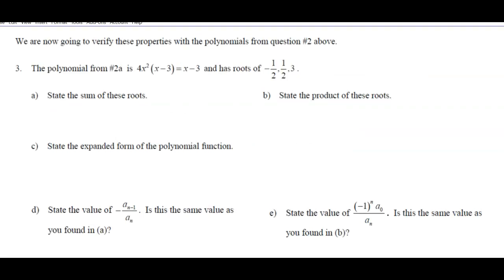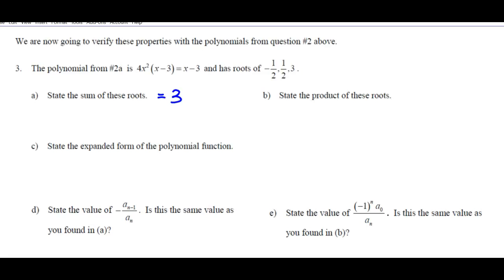Okay, so we're going to verify these. There's that polynomial function, the first one we did. There are the roots, we found those. So add them together, find the sum. Well, these are opposite in sign, so pretty easy to add those together. What's the product?